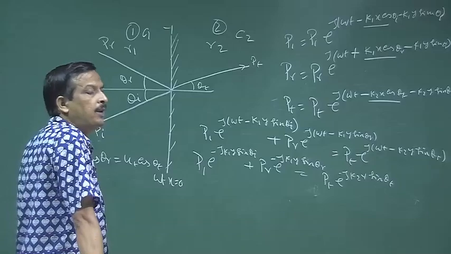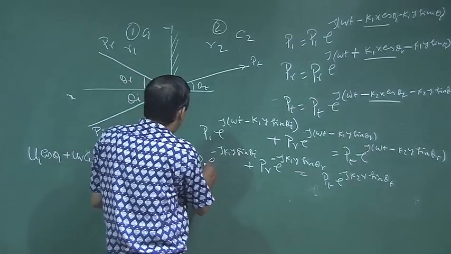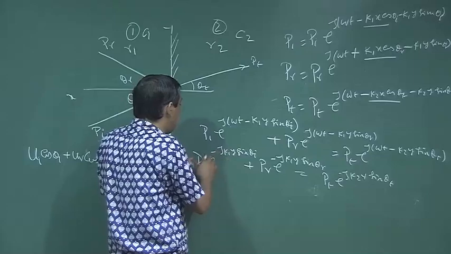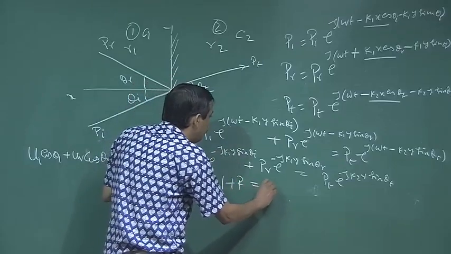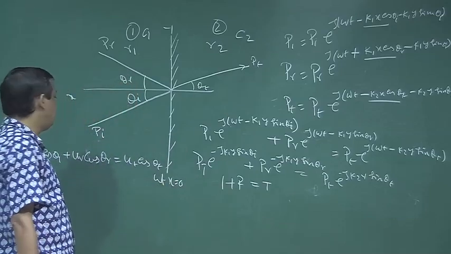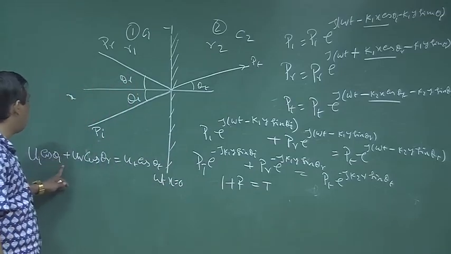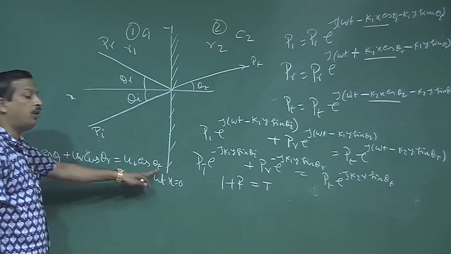The normal component of the particle velocity will be equal. Now, if I divide by the incident wave pressure, it is 1 plus r is equal to t. Here, ui cos theta i plus ur cos theta r is equal to ut cos theta t.